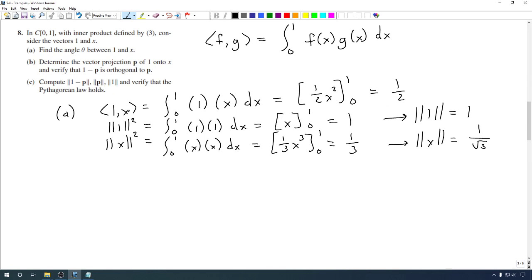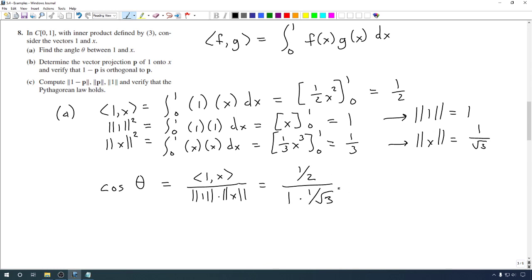Because what are we going to do now? We're going to go ahead and put these numbers that we derived into a formula. The formula being that the cosine of theta is the inner product of 1 and x over the product of the norms of 1 and x. So put 1/2 on top, we have 1 times 1 over root 3.